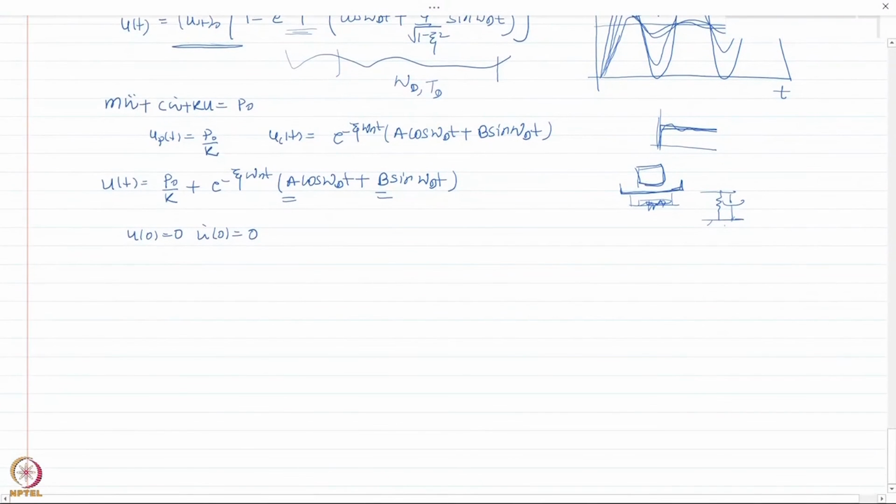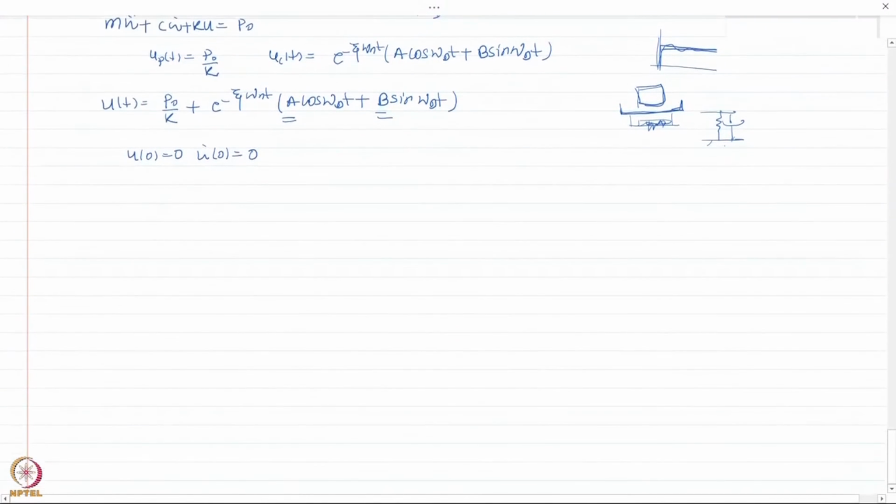Now we will delve into a different kind of force, which is basically a ramp or linear force. So let us now consider ramp loading.